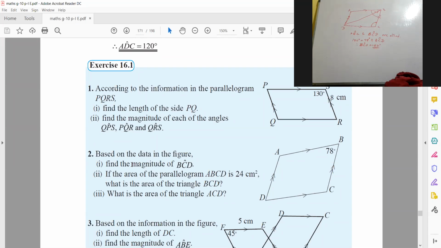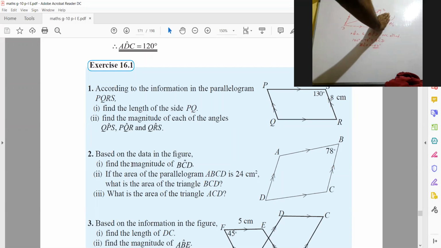Now in the properties, we said that the diagonals bisect the area, right? That means if the whole area of the parallelogram is capital A, then the area of one part, ABD or DBC, is equal to A by 2, which means half of the area of the full parallelogram, right?